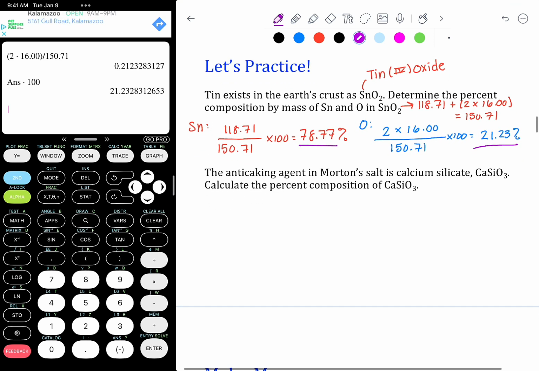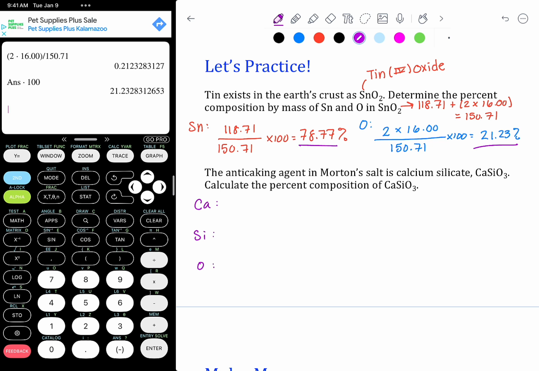Okay, for this next problem, what I want you to do is pause the video and try it on your own. The problem says the anti-caking agent in Morton salt is calcium silicate, CaSiO3. Calculate the percent composition of calcium, silicon, and oxygen in calcium silicate. So we want to find the percentage of each of those in calcium silicate.